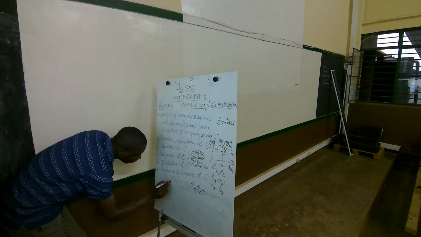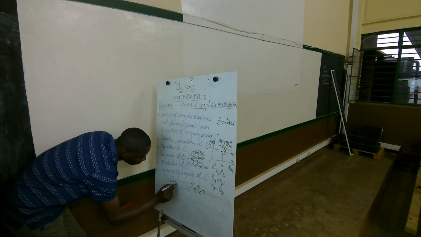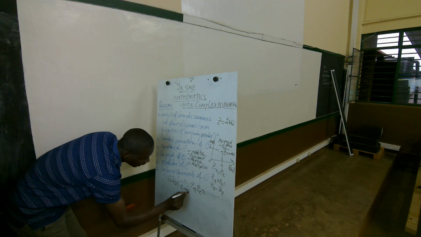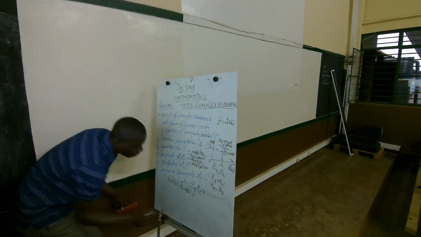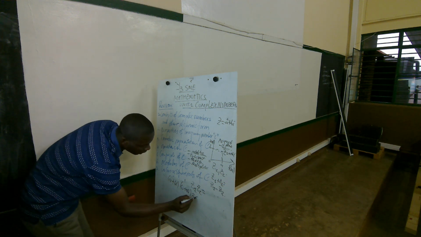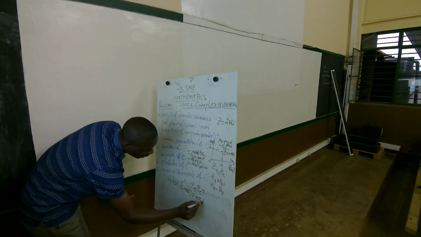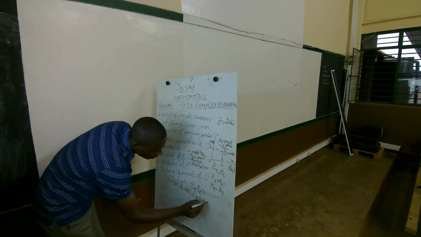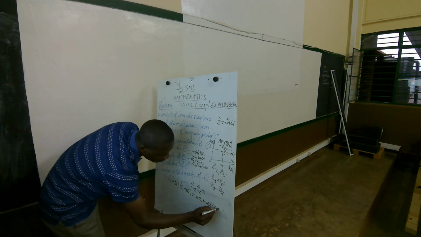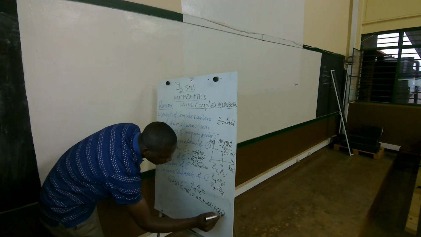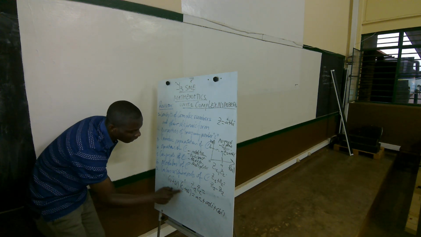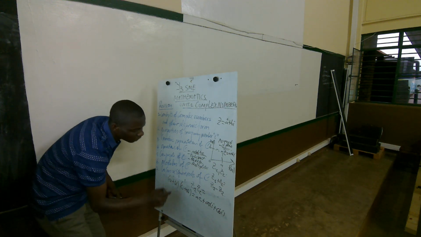For example, if you have a plus bi times c plus di, we follow the order of multiplication, where I add a times c, which is ac, plus a times di, which is adi, plus bi times c, which is cbi, then bi times di, this is i squared, and i squared is equal to -1.